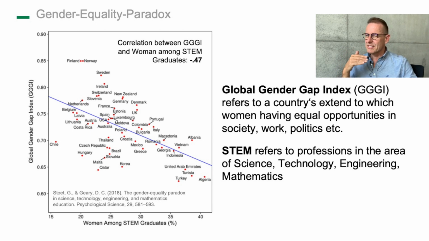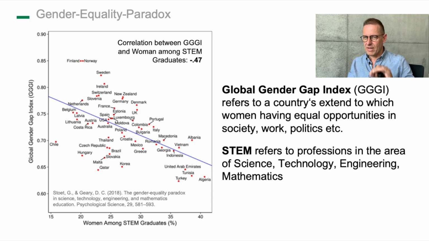And the thing is, when you look at these two variables and you calculate a correlation, you find a strong negative correlation. It's close to 0.5. Actually, it's minus 0.47. So that means the more gender equal a country is, the fewer women you have in STEM fields.